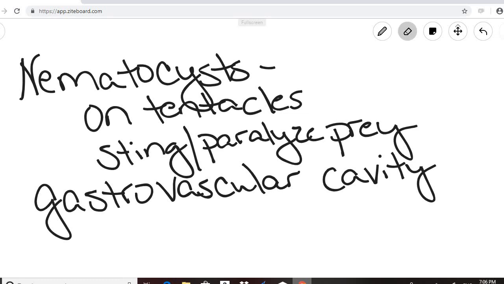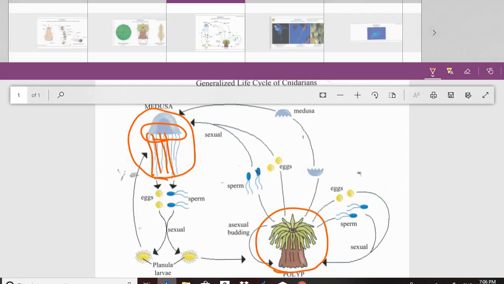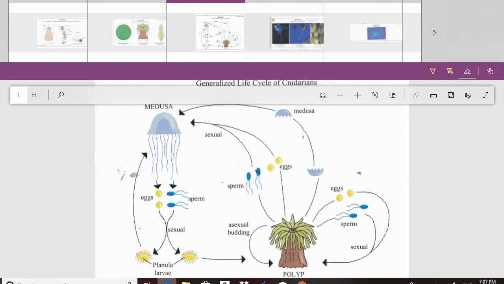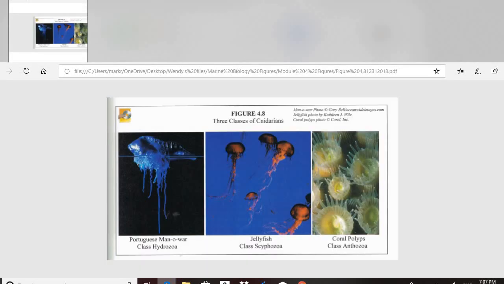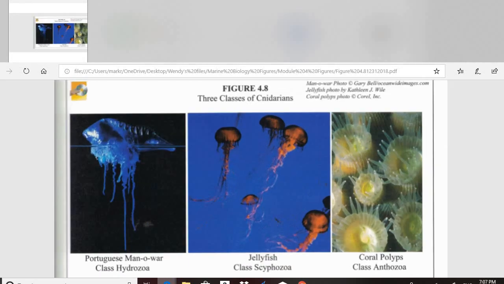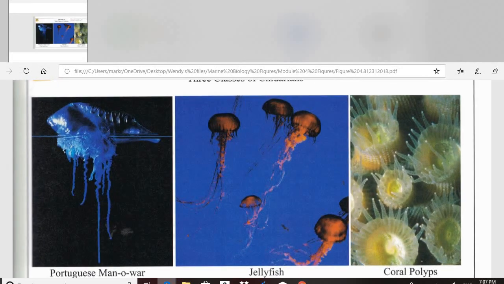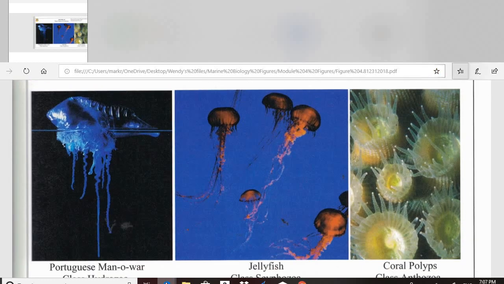Let me show you a picture so you can see the difference between the polyp phase and the medusa phase. Okay, so here's a picture. This one would be the polyp phase here.